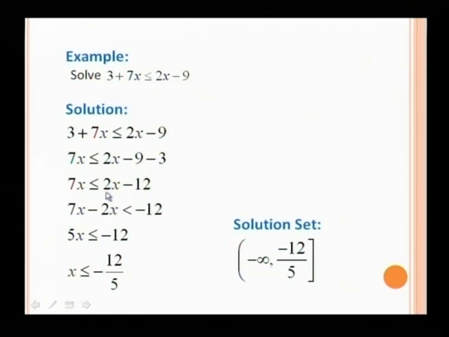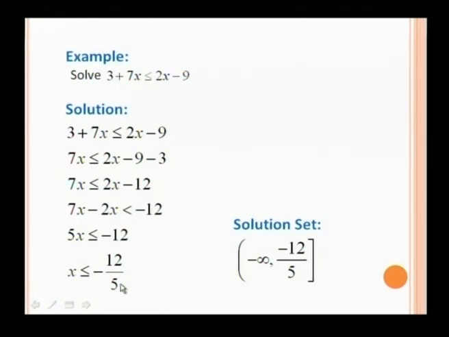And then we have to subtract 2x on both sides of the inequality. We have 7x minus 2x less than or equal to minus 12 after applying this step. 5x less than or equal to minus 12. For the solution, we just need x. So, by dividing 5 on both sides of the inequality, we have x less than or equal to minus 12 divided by 5.